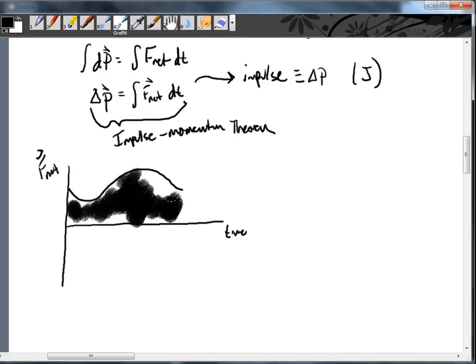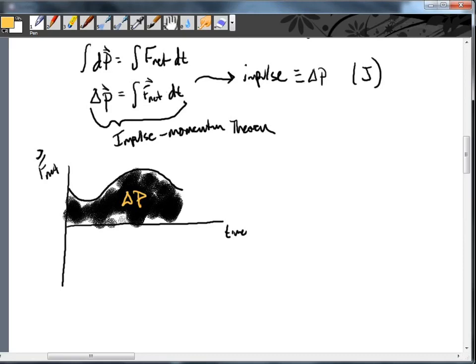All of this area under here is going to equal our delta p. So we can find the area underneath our curve, as we've done so many times in earlier units. The area under our curve is going to equal our impulse.